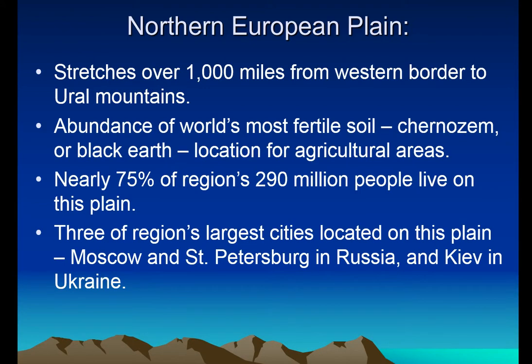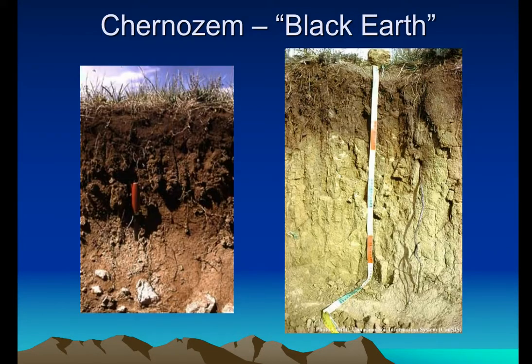It is no coincidence that they also have the most fertile area at that location. The biggest cities of the region, Moscow, St. Petersburg, and then Kyiv in Ukraine, are all in the North European Plain. And here's a picture of the Chernozem.